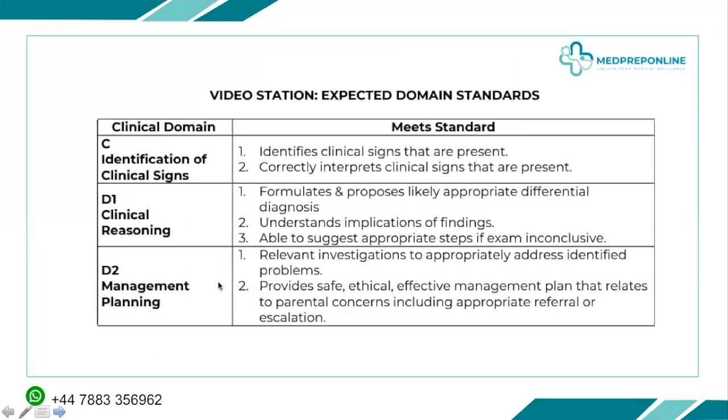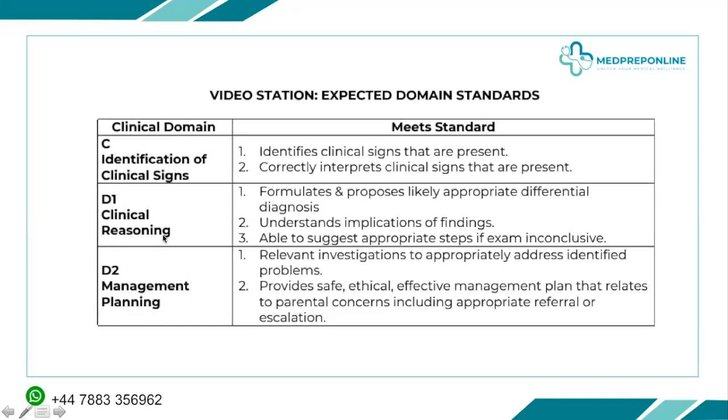Here I have brought the expected domains, what the examiner expectations are and what they are looking for specifically. If you have done C properly, clinical sign identification, you will get a mark like meets the standard, borderline or below standard.